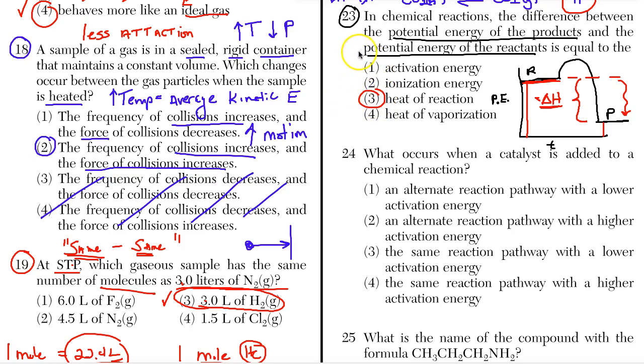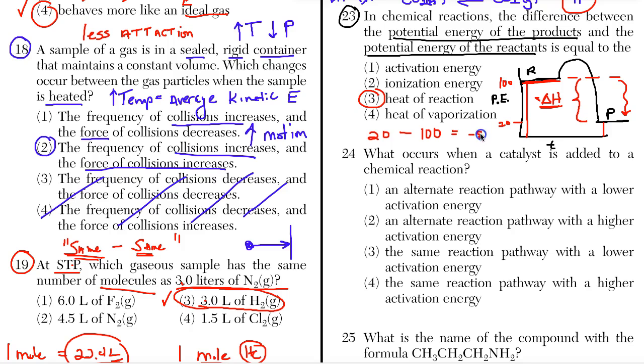It's a straight definition, but you can apply that definition to other things that you know. So heat of reaction, delta H, also called enthalpy, but you probably won't see it that often. And it's the difference of where you start to where you finish. For instance, if this is 100 right here, and this was 20 right here, delta H should be negative 80 because we do products minus reactants.